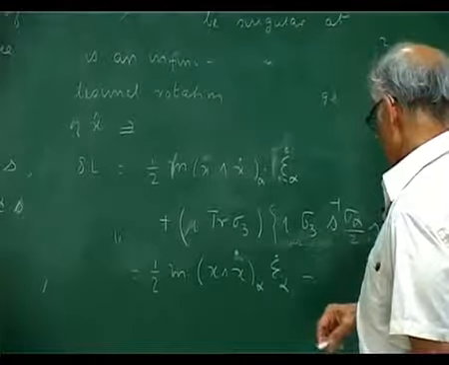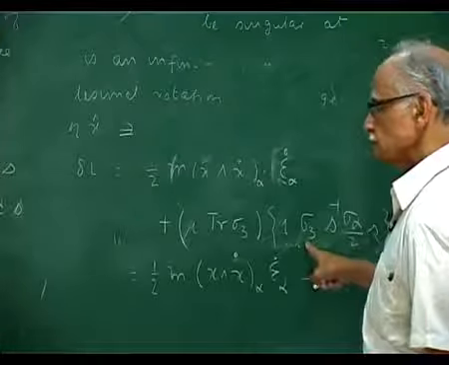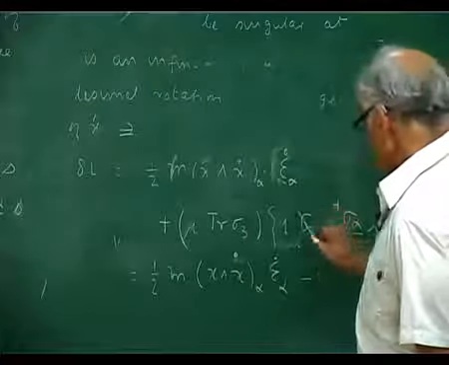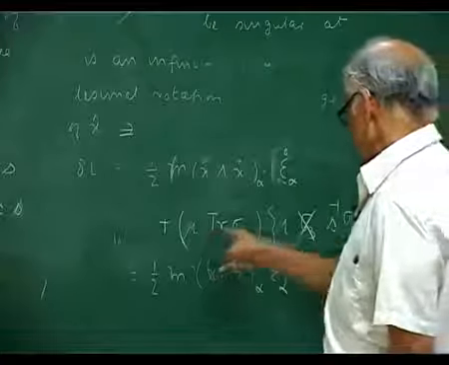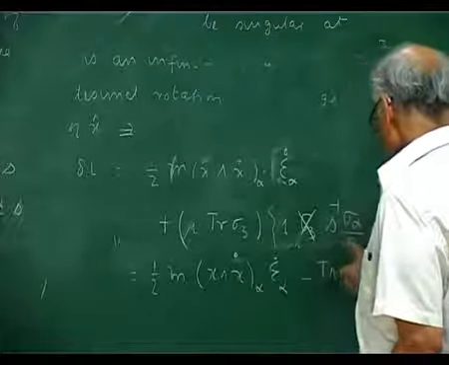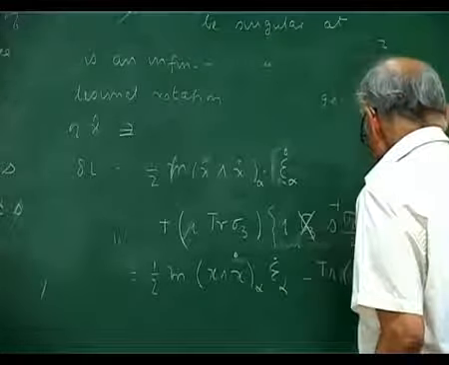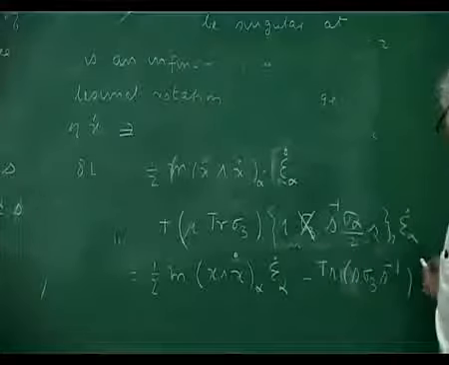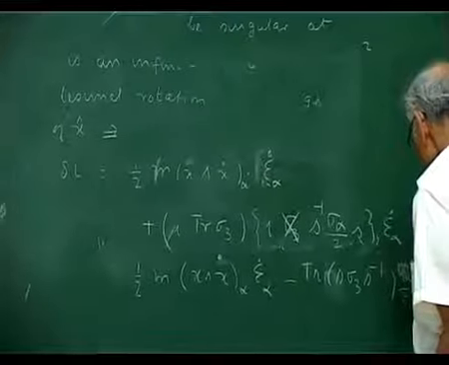there are too many sigma 3s I have put, sorry, one sigma 3 too many is here, trace sigma 3, this sigma 3 is not there. So minus trace sigma 3 times S, so I can write like this, S sigma 3 S inverse sigma alpha over 2 times epsilon alpha dot.